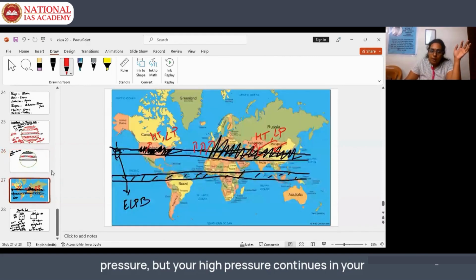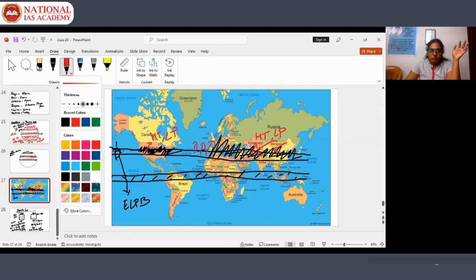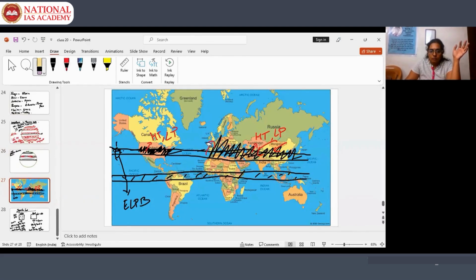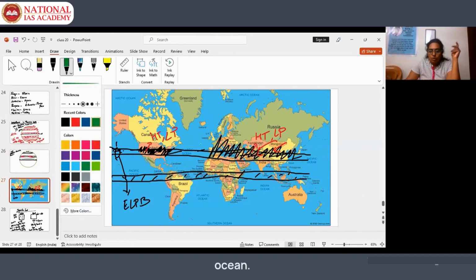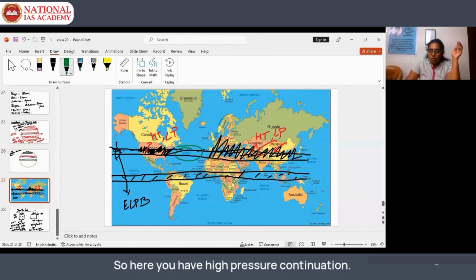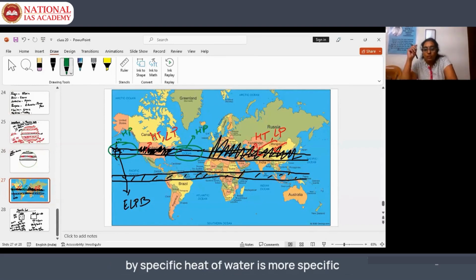But your high pressure continues in your ocean. So here you have high pressure continuation. Here also you have high pressure continuation. Why? Specific heat of water is more, plus water is mobile.